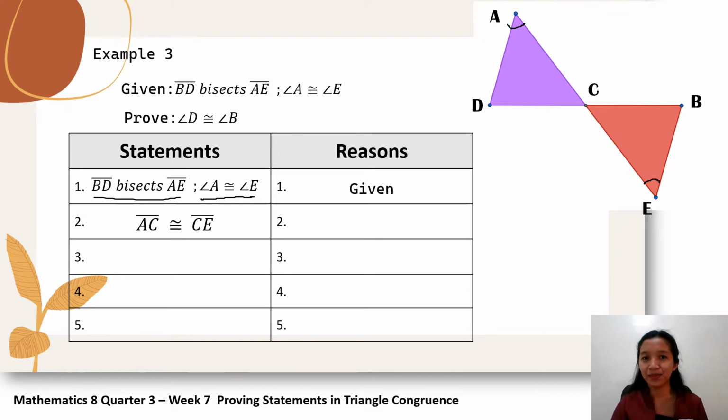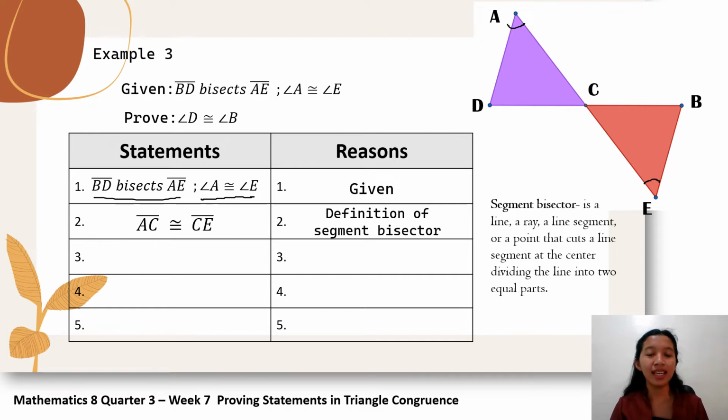It is the definition of segment bisector. Because a segment bisector is a line, ray, line segment, or point that cuts a line segment at the center, dividing the line into two equal parts.